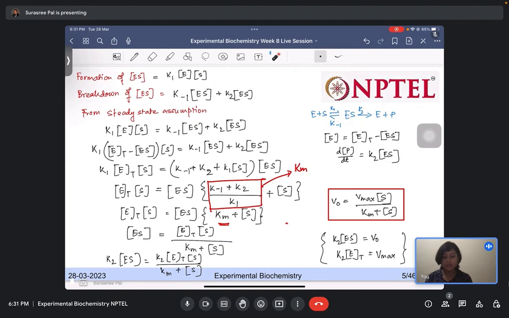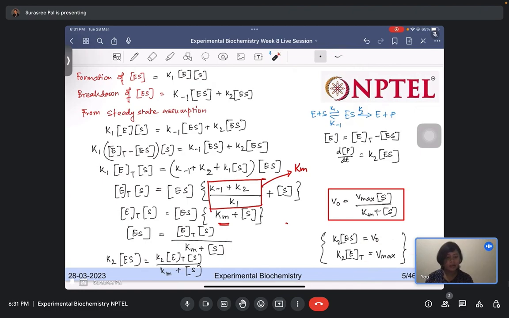Here this K2 into ES is nothing but the initial velocity of the reaction, because K2 is the rate determining step, so that gives us the initial velocity of the reaction, V0. And K2 into ET gives us the Vmax. When K2 is multiplied with the total enzyme concentration, it gives us the maximum velocity.